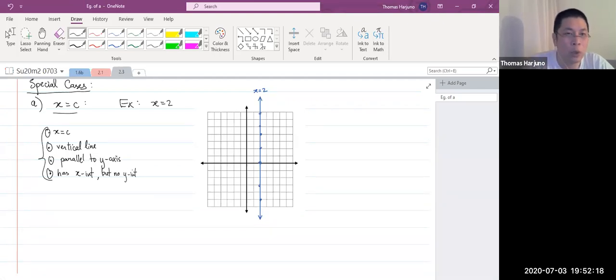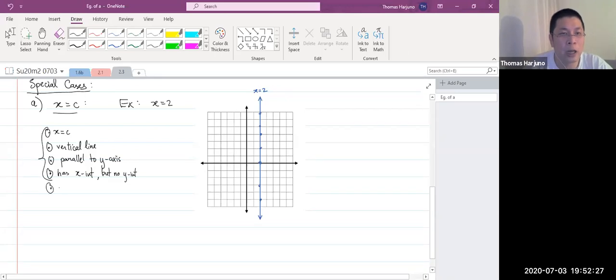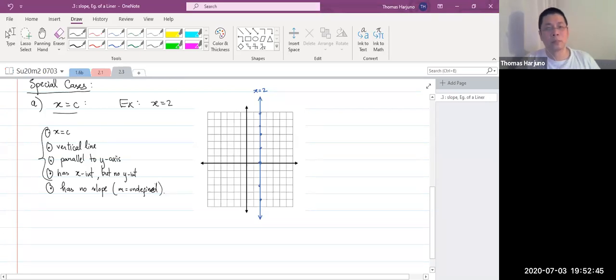So once you know one of them, you know the other three. In fact, we can say even more that a vertical line has no slope, or another way to say it, the slope is undefined.